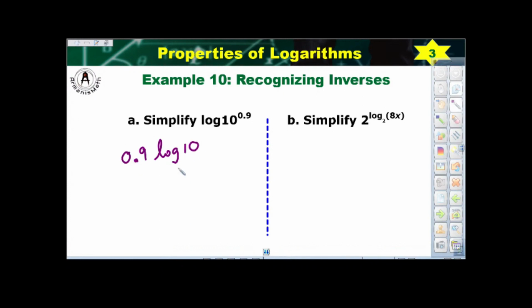This is again a hidden 10 here. 10 raised to what power gives you 10? Well, that's just the 1. So 0.9 times 1, which is just 0.9.